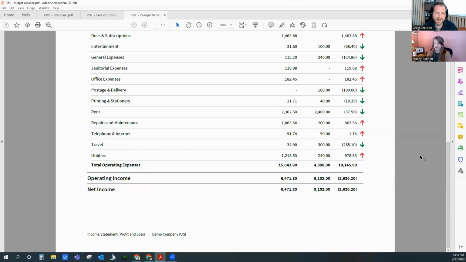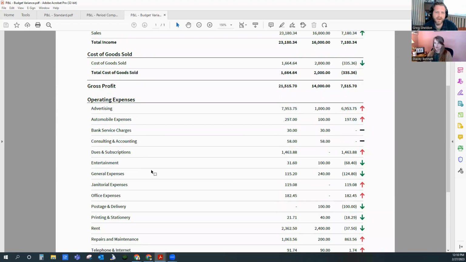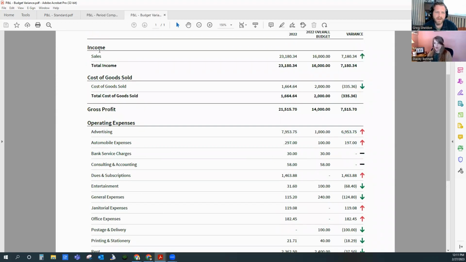There's also a lot of ways, as we've seen, to customize the profit and loss so that you can get different information. We didn't go into the fact that you can create various different types of income accounts, so that you can track different sales and the costs related to that revenue stream. So you can start to see which revenue streams are more or less profitable.